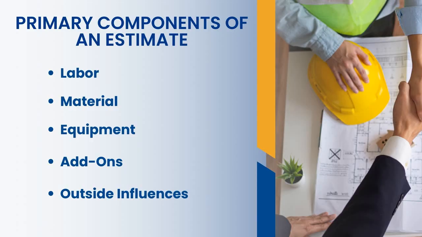Now, labor is one of the hardest things to estimate. And so it really is going to have a lot to do with the company that you're working with. Are you union? Are you non-union? Do you do commercial work or do you do industrial work? Or do you do residential work?